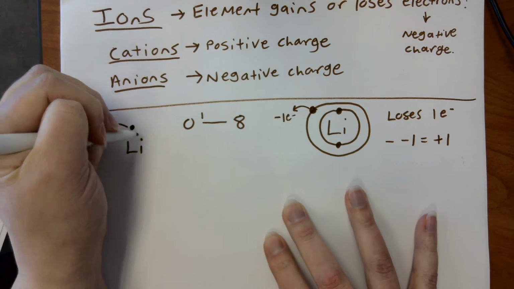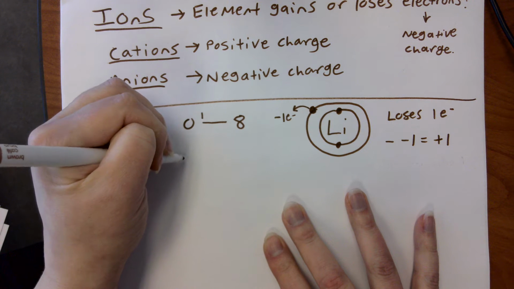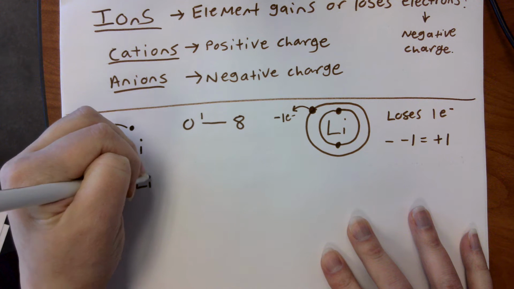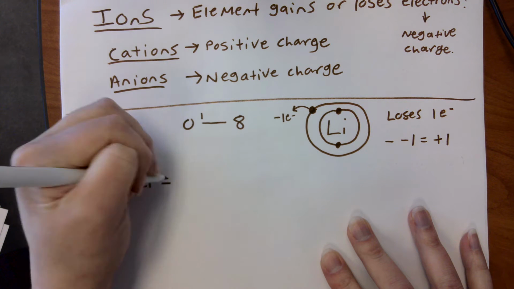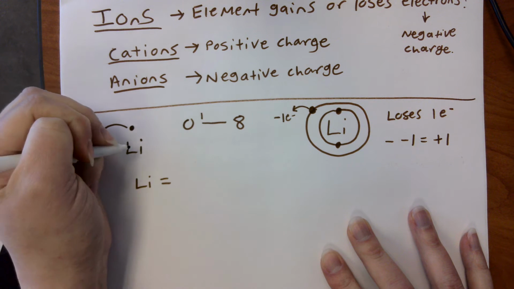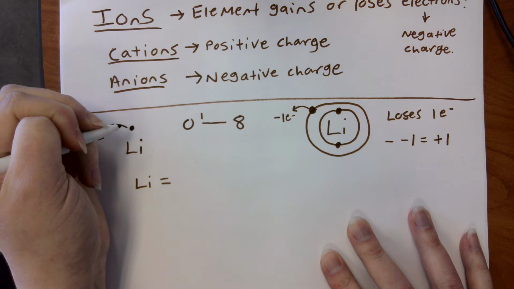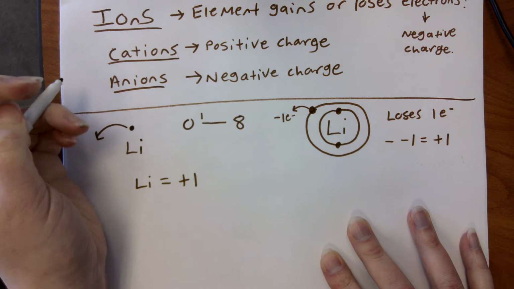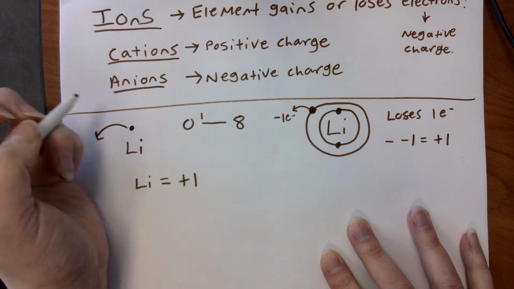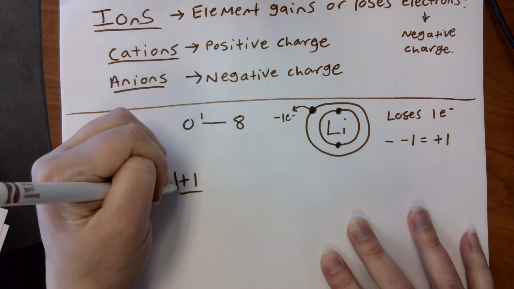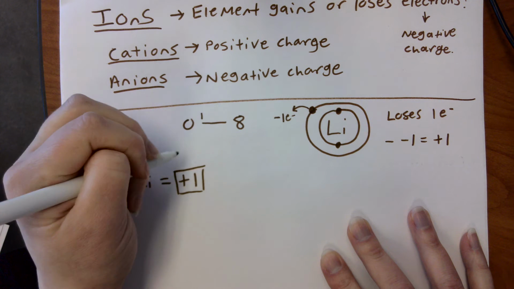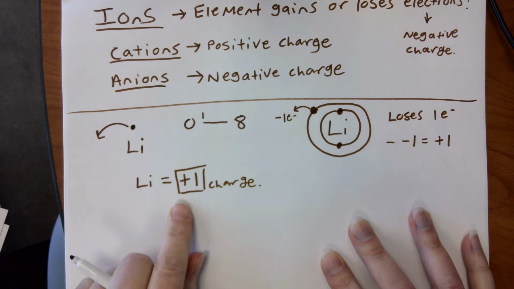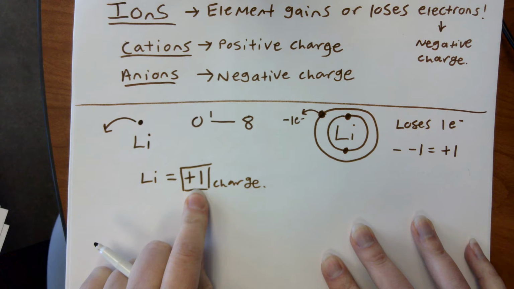Lithium, when it loses an electron, gains a charge of +1. So lithium's charge normally is 0 because that's what a neutral atom's charge is. But after it loses the 1 electron to be happy, it gains a +1. The overall charge it has is a +1 charge. Notice it's a positive charge.